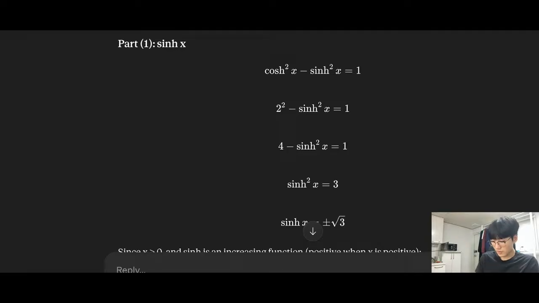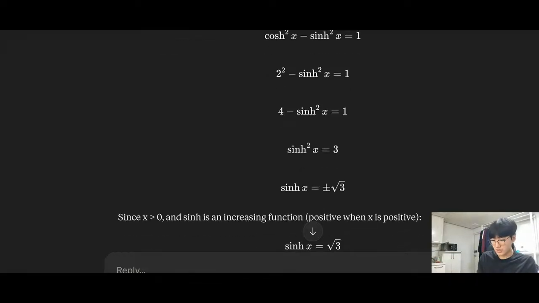So 2 squared minus sinh squared x equals 1, which makes it 4 minus sinh squared x equals 1, which is sinh squared x equals 3, because you move it over and multiply by negative on both sides. So sine hyperbola x equals plus or minus square root of 3.